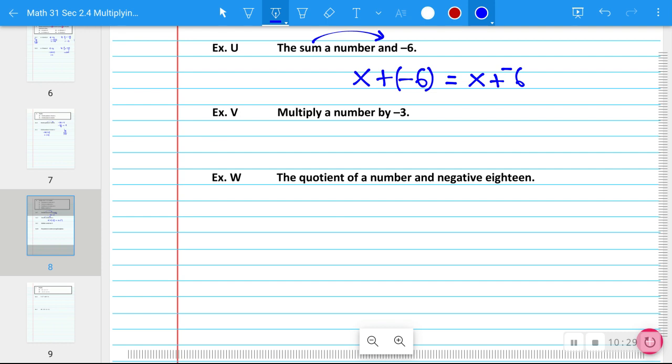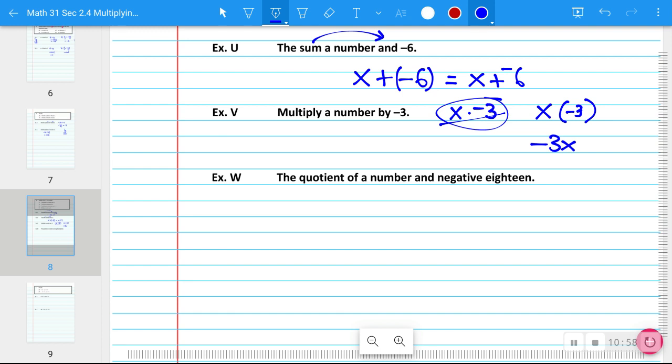Okay, multiply a number by -3. Once again here, you don't want to say times with a dot in this case, because you've got the times and the negative sign competing with each other. You're better off instead to say either x times -3 using the parentheses style multiplication, or you can turn it around on multiplication and write it -3x.